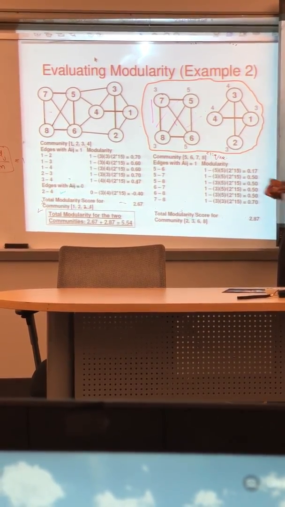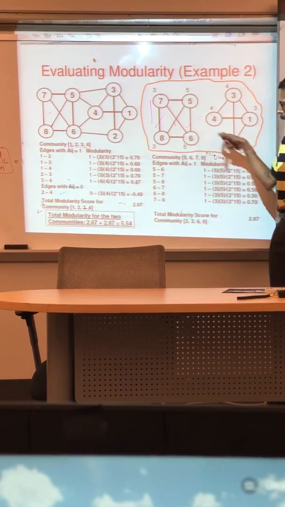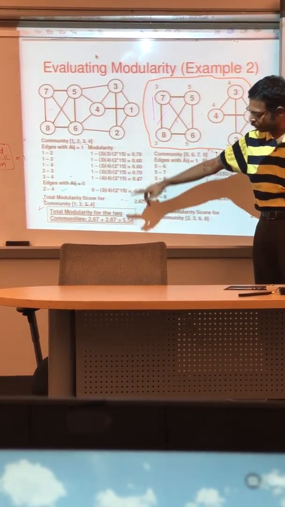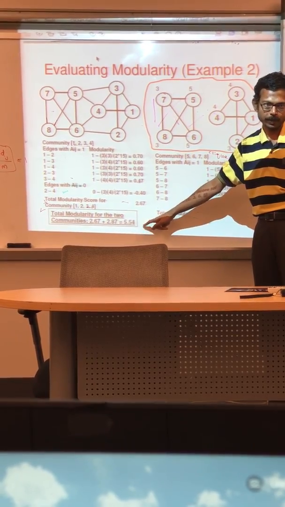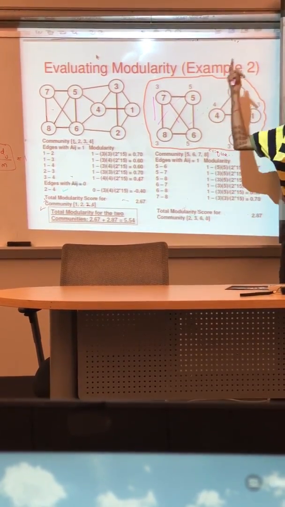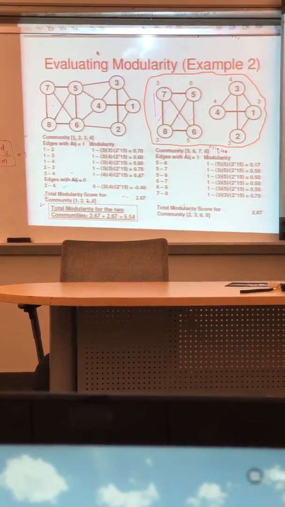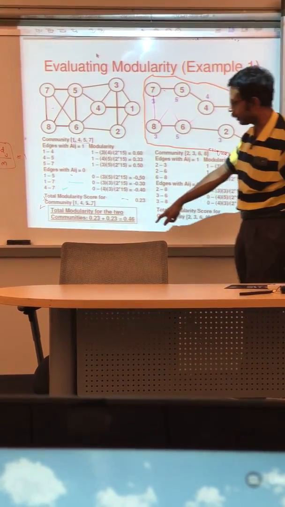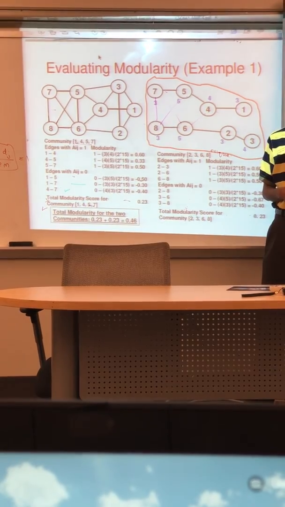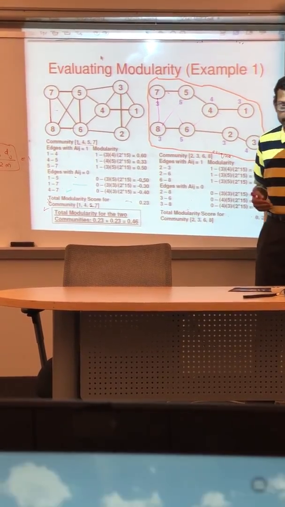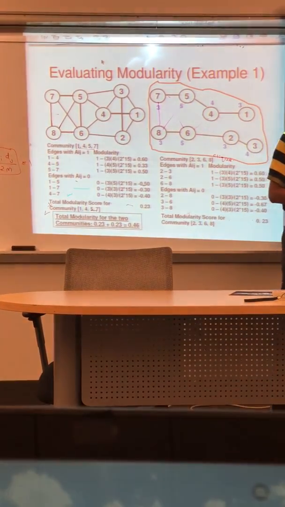So if you want to decide which to choose, this partitioning or the previous one, you will choose this one because it has a larger total modularity score of 5.54 compared to 0.46, which is the total modularity score of the previous one. Is that clear?